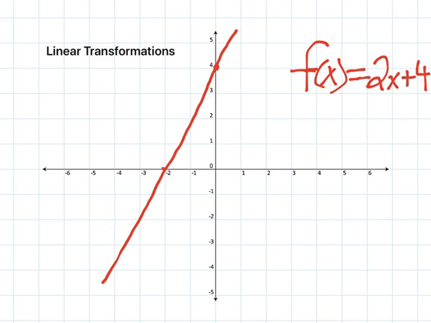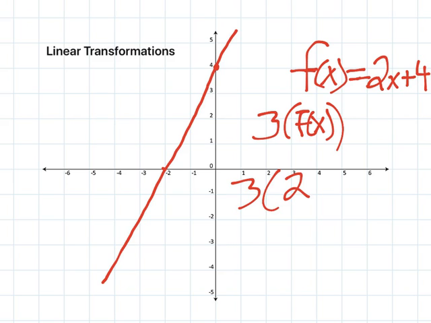So what if I said, what does 3 times f of x look like? Well, it's 3 times the whole function, so it's basically 3 times 2x plus 4.